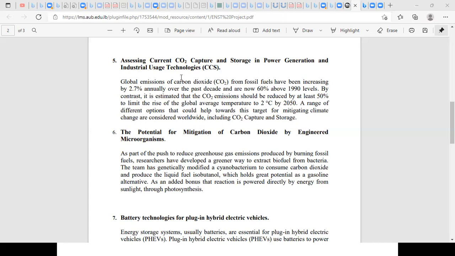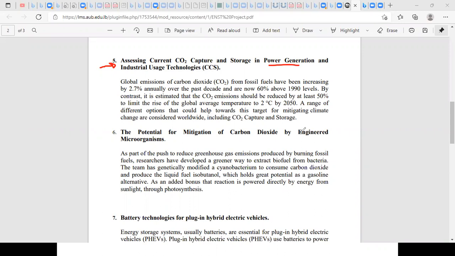This is a good idea because we will transform a source that is very harmful to the environment into a power generation source.